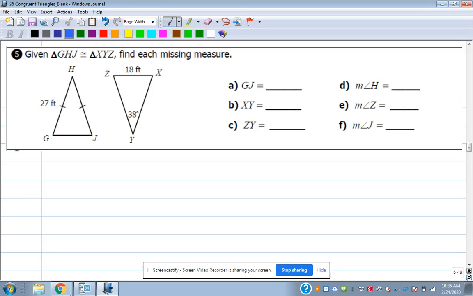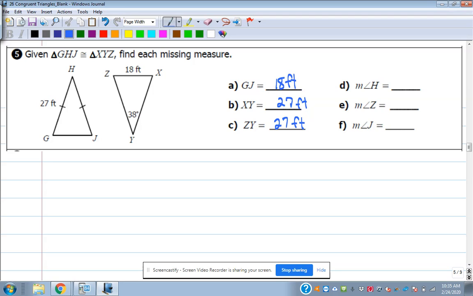So side GH is 27 and side HJ is also 27. So what is GJ? 18. XY? 27. ZY? 27.